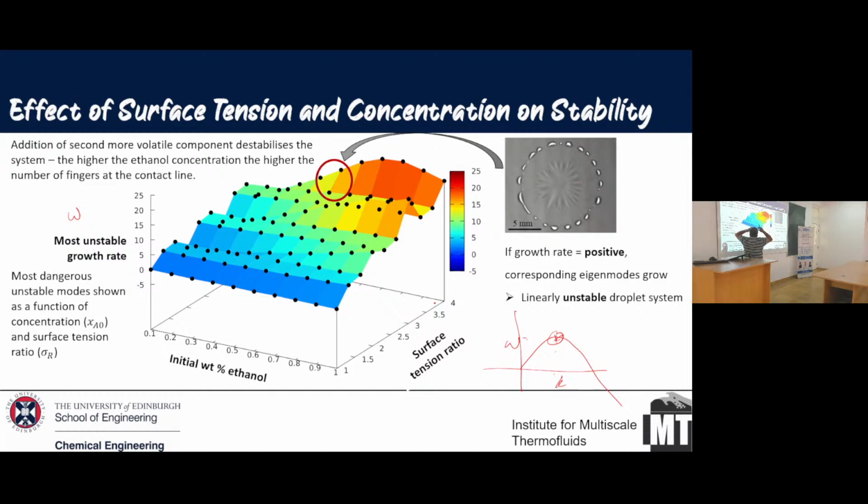But there is a problem. The problem is that I'm drawing a very ideal picture here. The real picture looks something like this. So if I look at omega versus k, I would get a plot which looks like this.